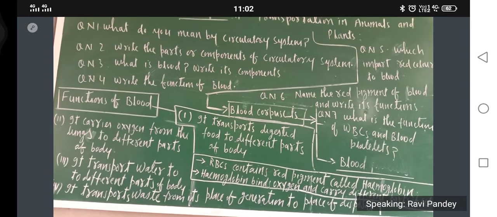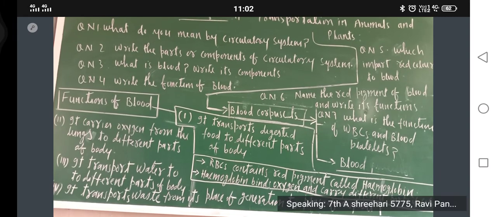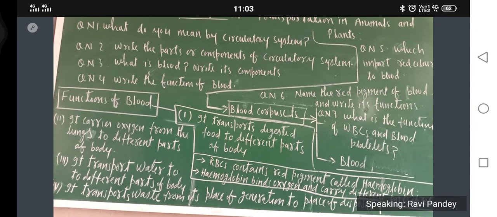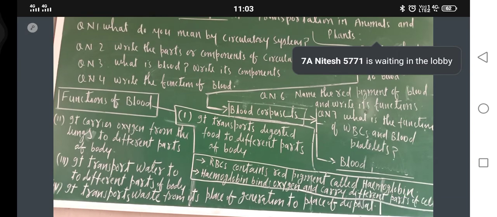Try to understand. Blood is flowing throughout our body. Once blood goes to the kidney, whatever toxic substances are there, when I teach you the heart, then you will come to know. In one part of the body, pure blood is flowing.